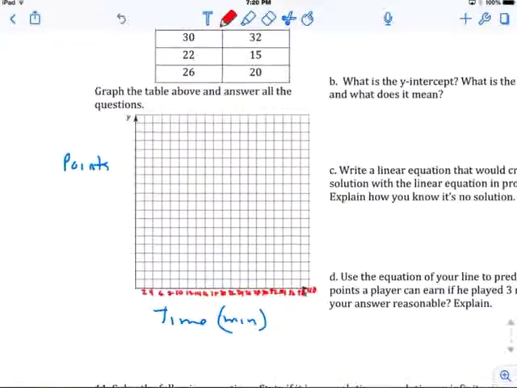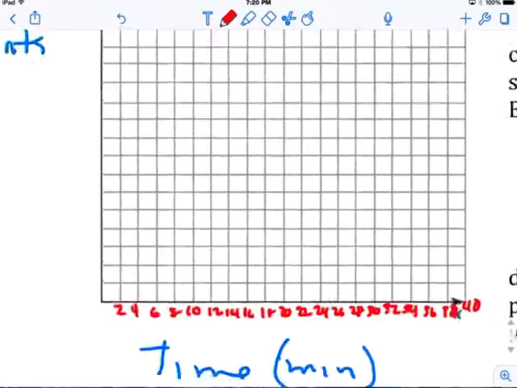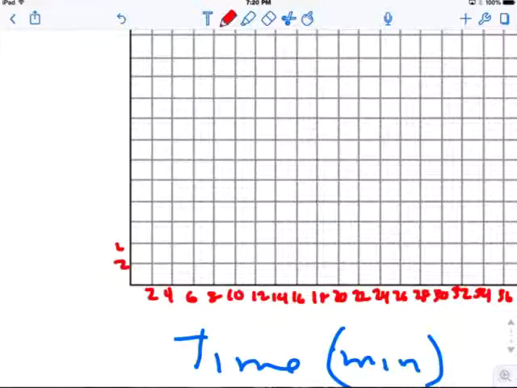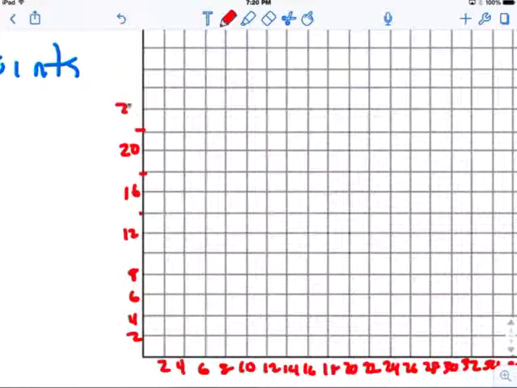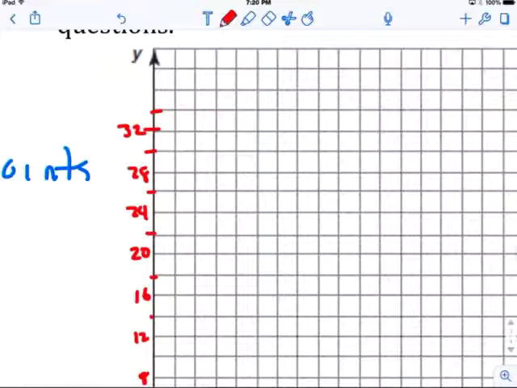All right, fits perfect by 2s. This here, you need to count by 2 as well, because your largest number is 38. Up to 40.